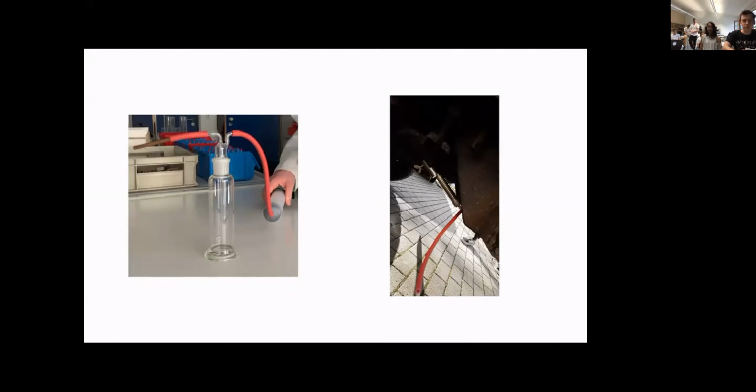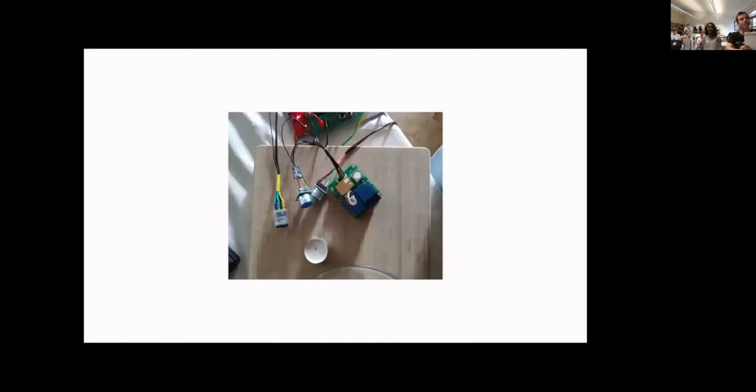After that, we also used another experiment like the other group did, except we used more sensors, as you can see here in the picture. We also used the sensor from the other groups.